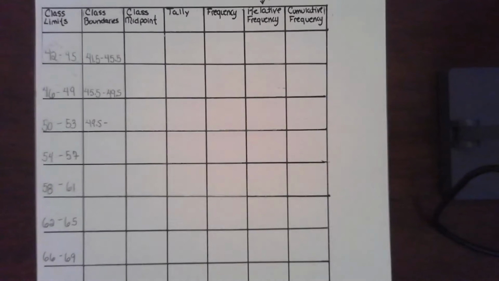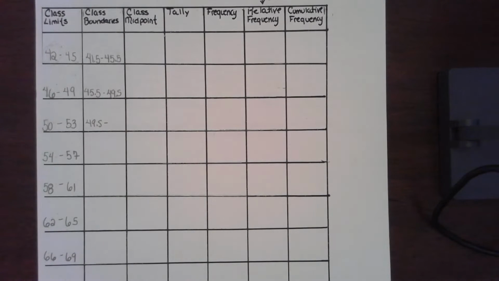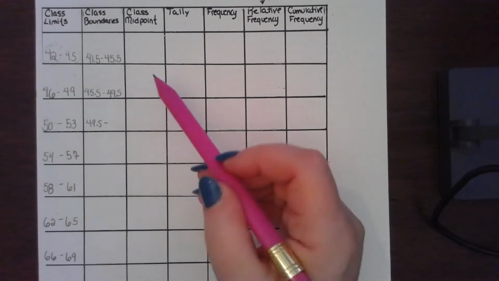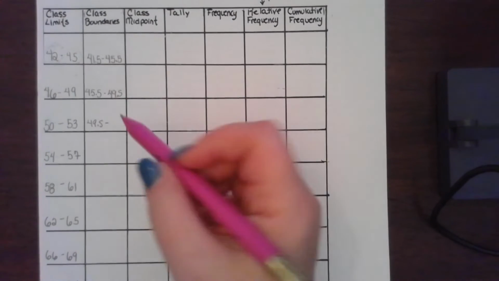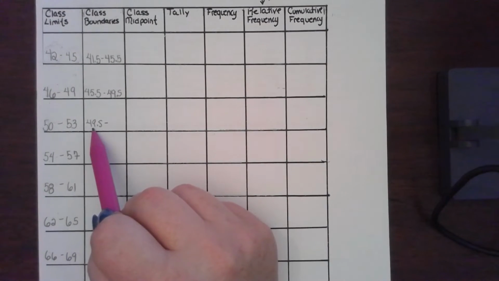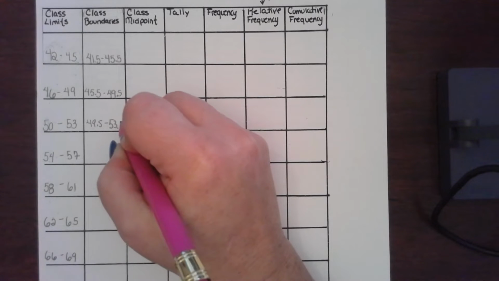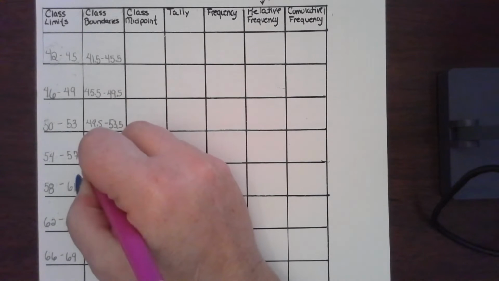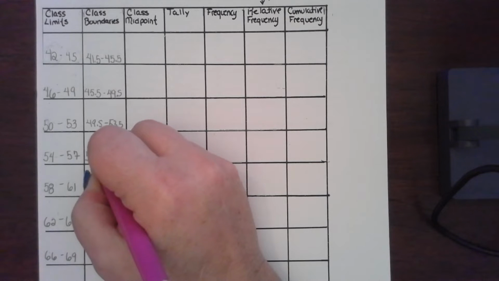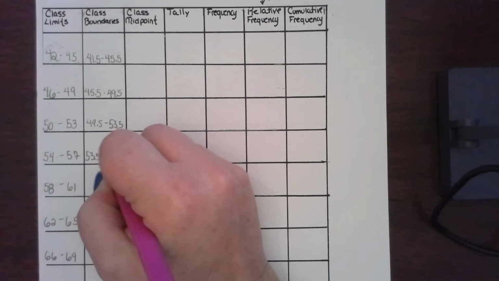I've already done the first 2. So this one's going to go to 49.5 to 53.5. And then 53.5 to 57.5.